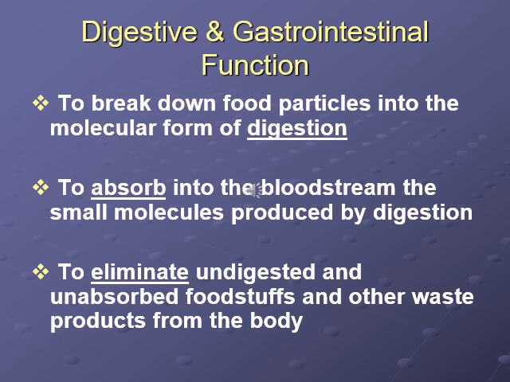And of course, absorption into the bloodstream of all of the nutrients is very important. The majority of this is happening in the small intestine. And then of course, elimination of any of the undigested and unabsorbed foodstuffs and other waste products. So we start with digestion and the end result is elimination.